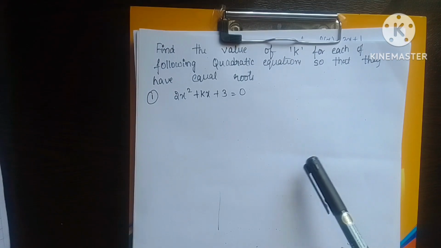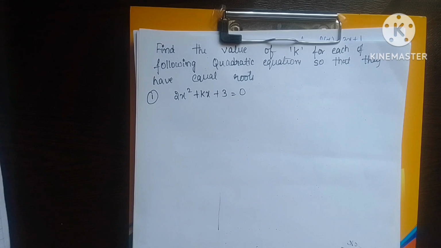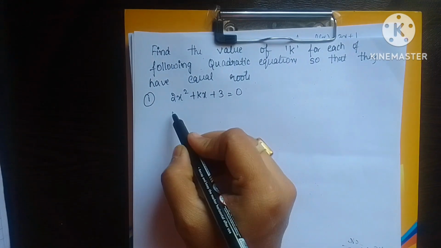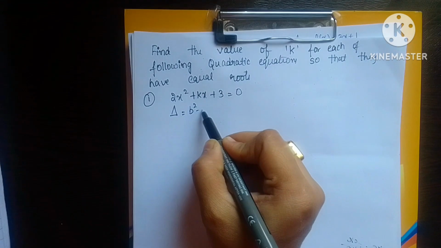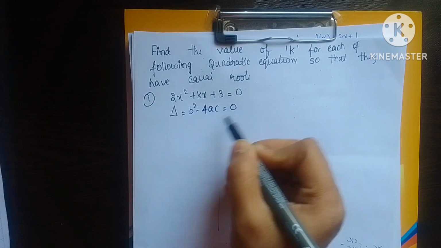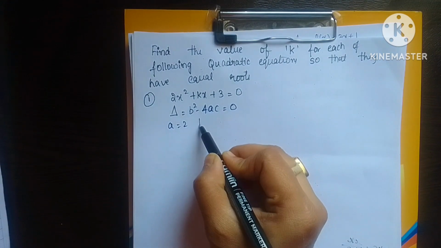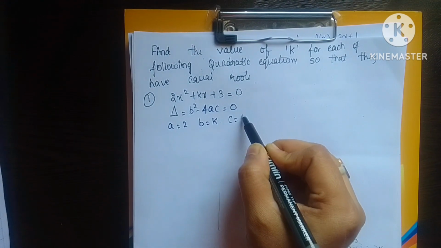The next type of question is: find the value of k for each of the following quadratic equations so that they have equal roots. Equal roots means we know the condition delta is equal to 0, that is, b square minus 4ac is equal to 0. A is 2, b is equal to k, c is equal to 3.